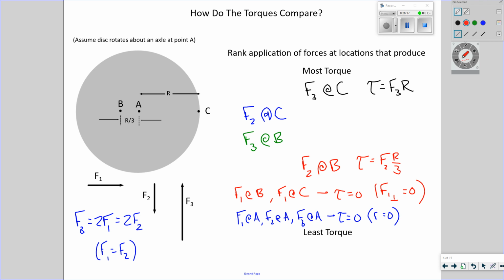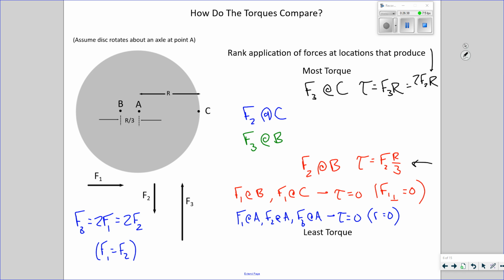And we know that F3 is twice as big as F2, so we can actually write this as 2F2 times R. So here we get a third of F2R, here we get 2F2R.